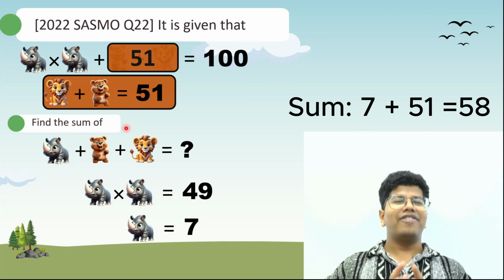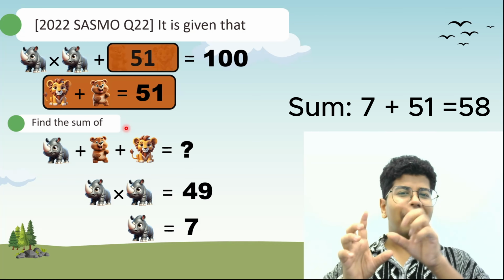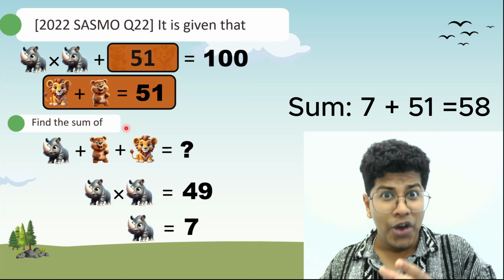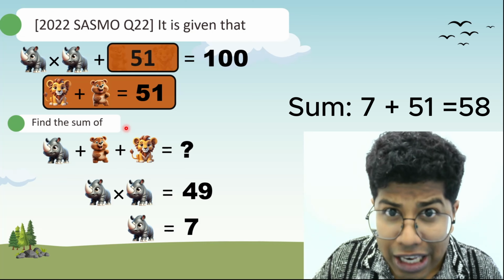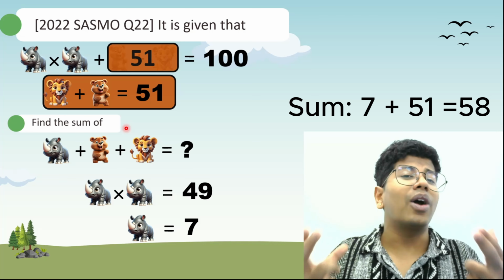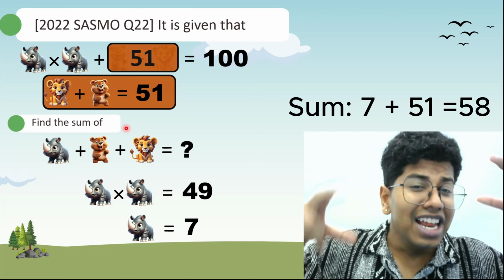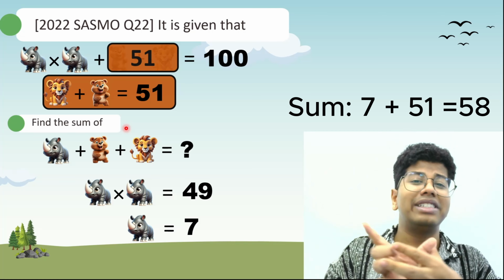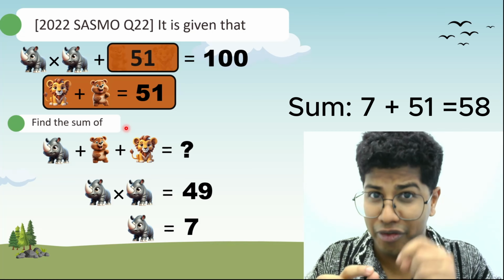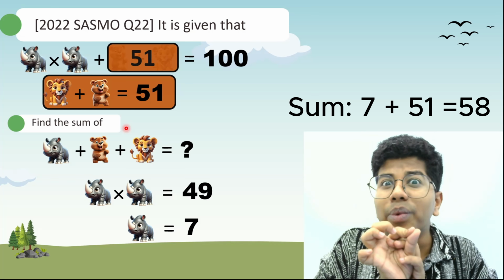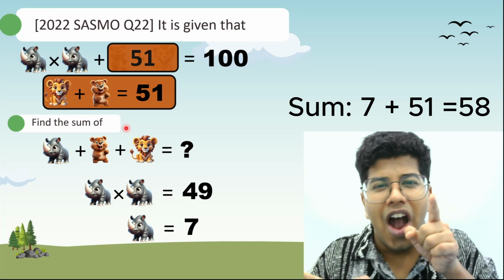So what we can understand from this question is that it's about figures. The figures are unknown to us, corresponding to a value. That is the reason why the question belongs to algebraic thinking. In algebraic thinking, whenever you see a sum, what can we do, class?